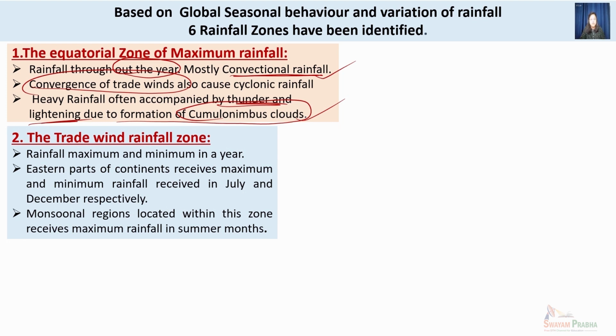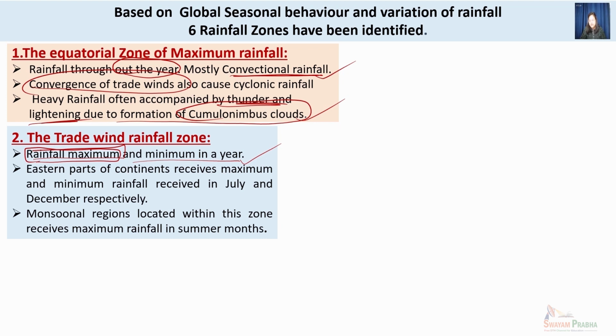The second zone is the trade wind rainfall zone. It is located within the tropical areas of the world, which extend between 10 to 20-degree latitude in both the hemispheres, and it is characterized by the northeast and southeast trade winds. So there are rainfall maximum and minimum time periods which are experienced in these areas.